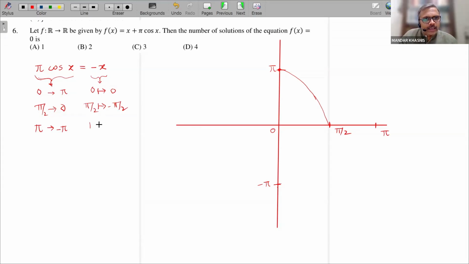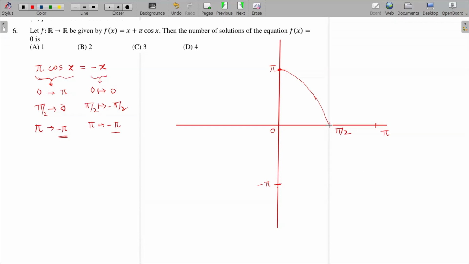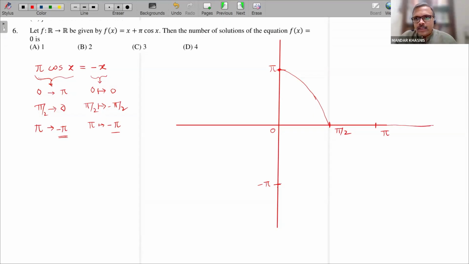So at pi, it is actually minus pi, and you can see that at pi the curves should match. I'm just drawing a curve, and later it should come up. At 3 pi by 2, again it should become 0. So I'll draw a point over here, and I have a curve going like this and going up again. I think I have a better drawing.